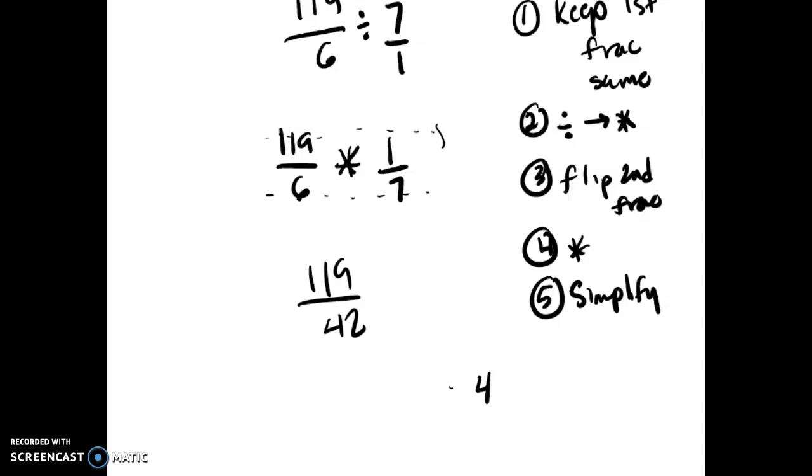I know that 42 has factors of 1, 2, 3, not 4, not 5, 6, 7, 14, and 21.